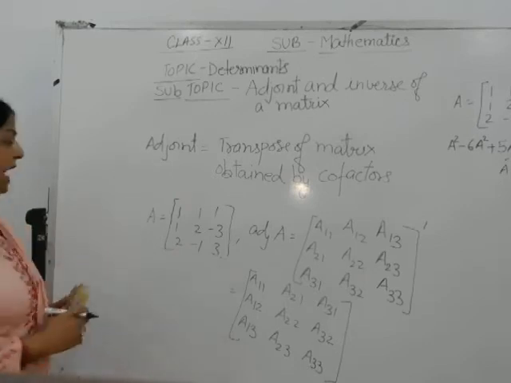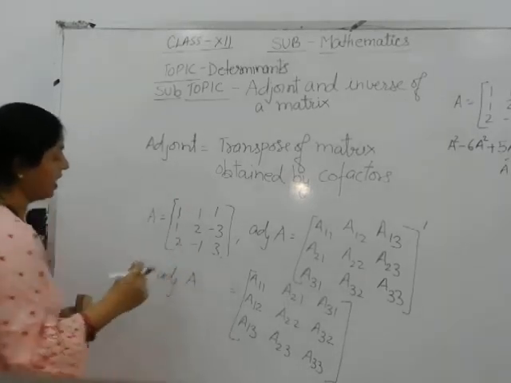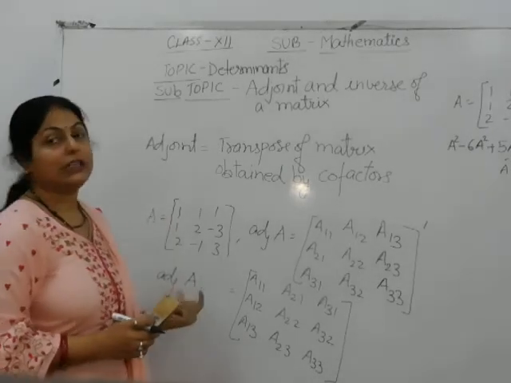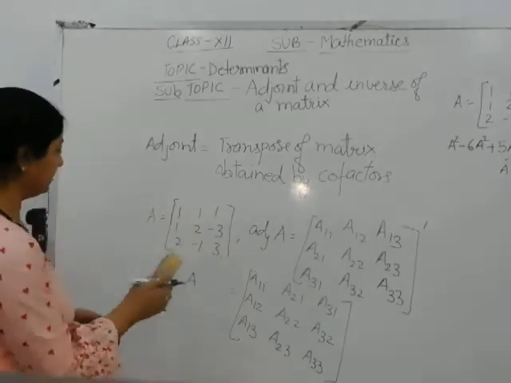This is the adjoint of A. So for this given matrix A, we first find adjoint A.